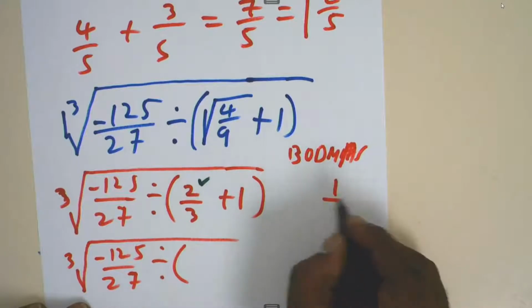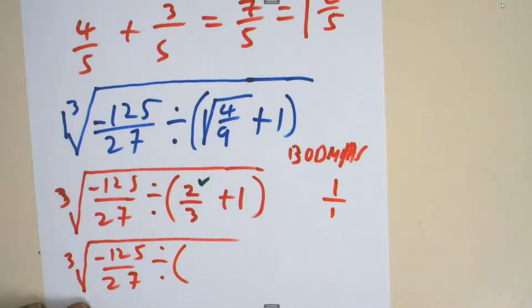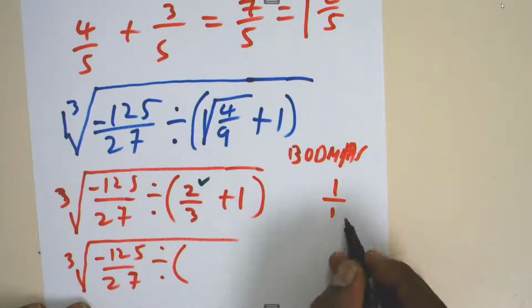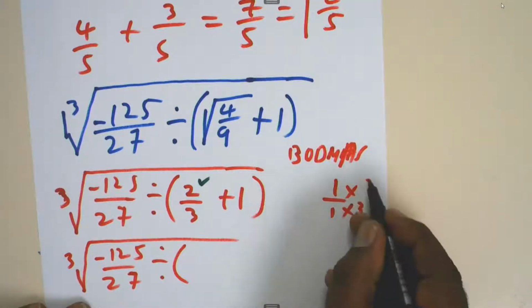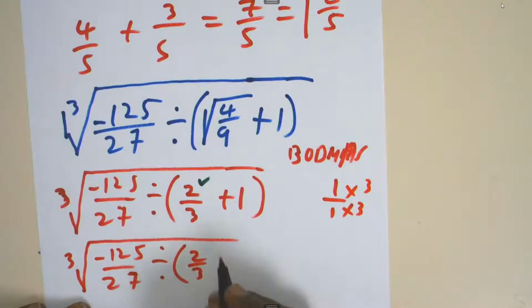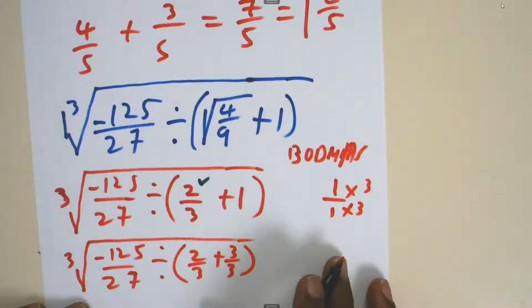Remember, 1 means 1 over 1. Therefore, here we need an LCM of 3. It means you multiply this by 3 and that by 3. But basically, 1 means 3 over 3.